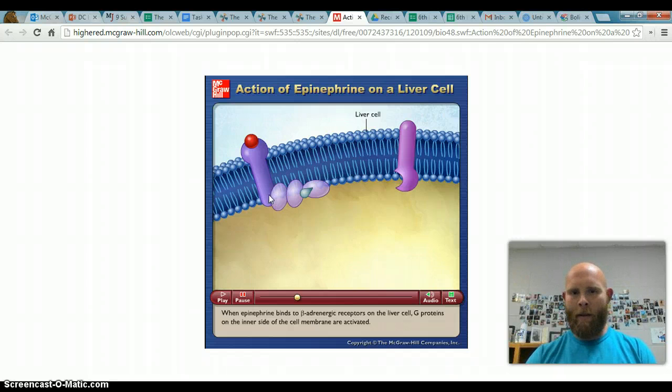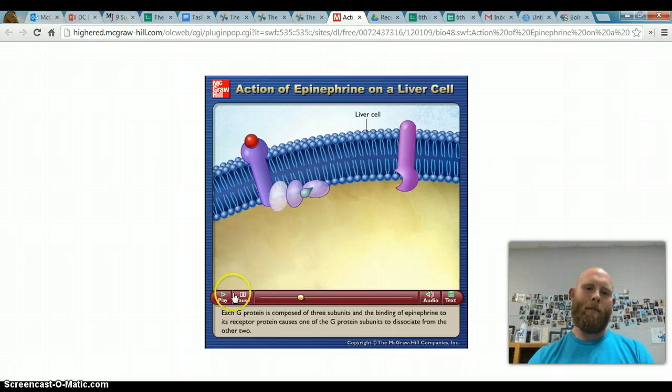It doesn't show it, but there are going to be chemical bonds rearranged, and that converts this protein complex into an active form so it can carry out the next phase of the reaction. Each G protein is composed of 3 subunits, and the binding of epinephrine to its receptor protein causes one of the G protein subunits to dissociate from the other 2. Break apart.